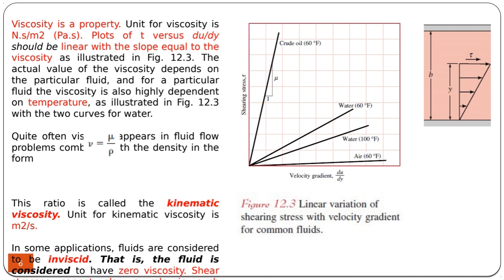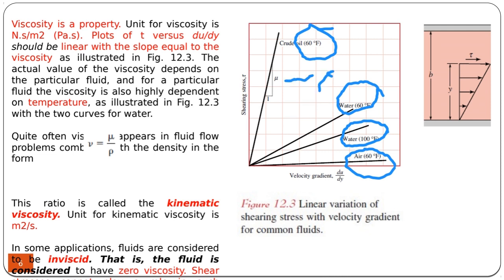So if all the temperatures are about 60 Fahrenheit, crude oil, water at 100 Fahrenheit, air, as you can see, because the viscosity is just the slope of this line, so it's just tau over du dy.